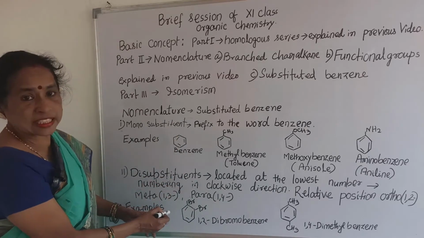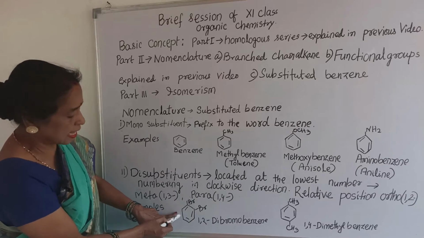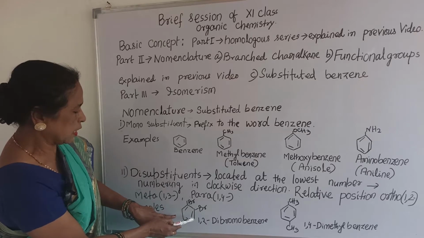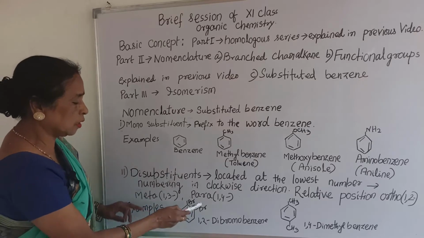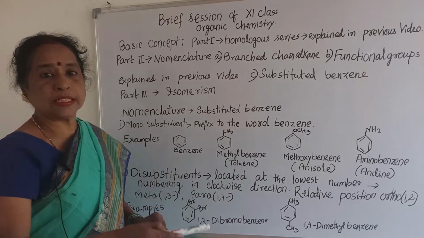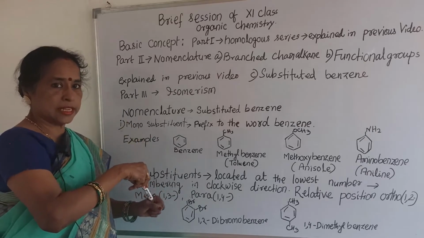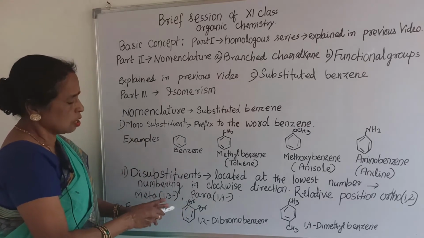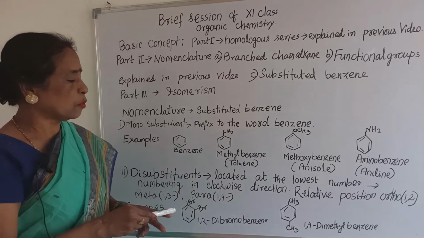Now let us see an example. The benzene ring has substituents at position 1 and position 2, so it is known as 1,2-dibromobenzene, because if you count this one as 1, then the next is 2.